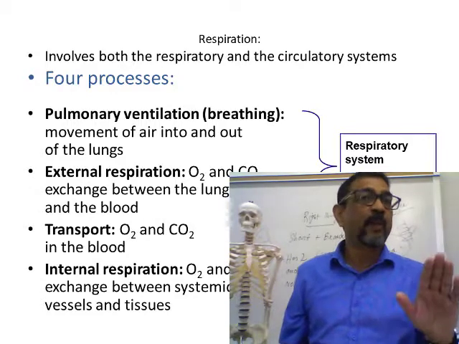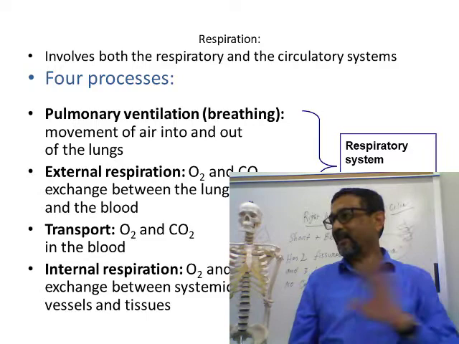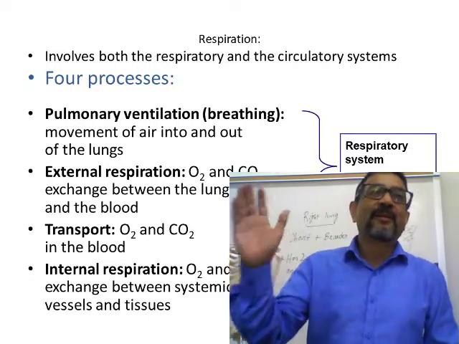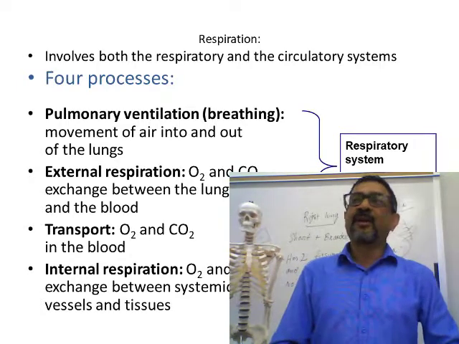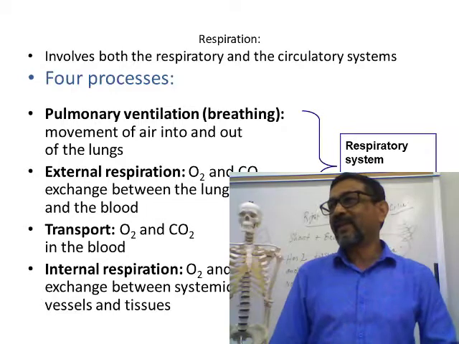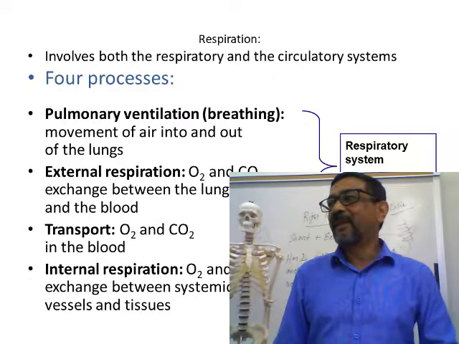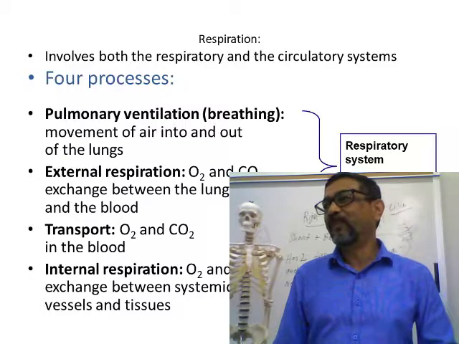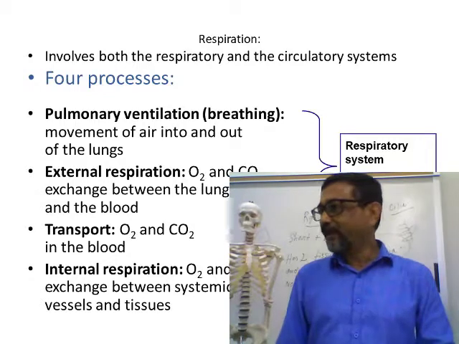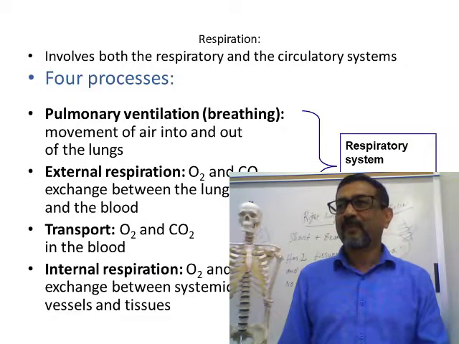Oxygen and carbon dioxide are transported by whom? By the blood. Is it clear? Then internal respiration, the last process. Just write it down. Exchange of gas in the tissue. Exchange of gas in where? The tissue. So very simple.